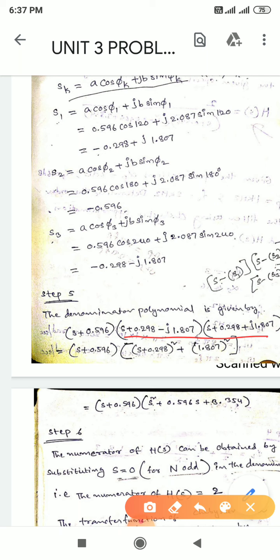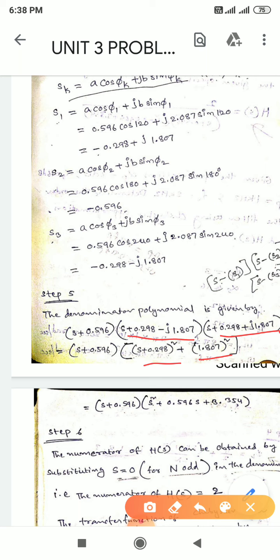Here we are considering these two as one term. In both terms we are observing the same thing. I am taking this term as a, and this term j times this term is b. It is of the form (a - b)(a + b). Here, (a - b)(a + b) is equal to what? a square minus b square.